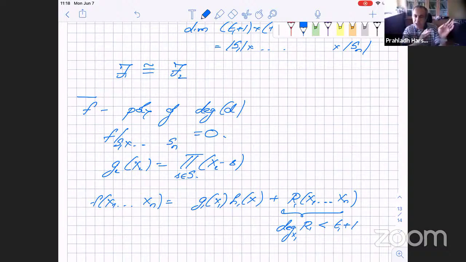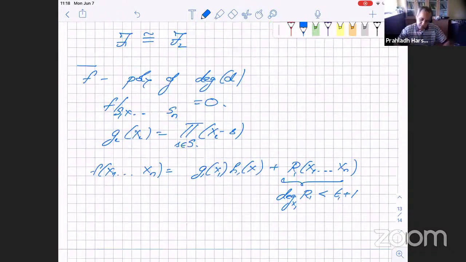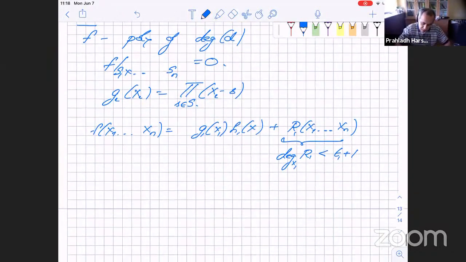Dividing by g1 of x1, the remainder polynomial will have degree smaller than the degree of the polynomial I'm dividing by. Let's do this step again: g1 times h1. Notice that h1 has the property that I want: h1 will have degree d minus t1 minus 1.